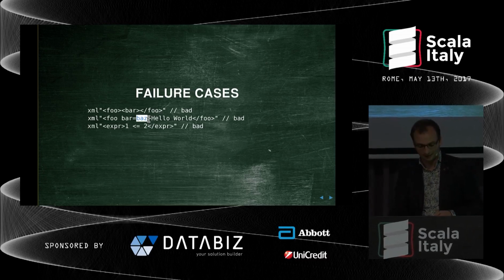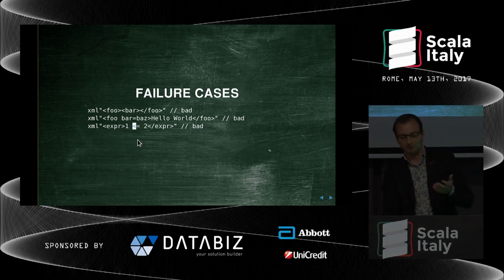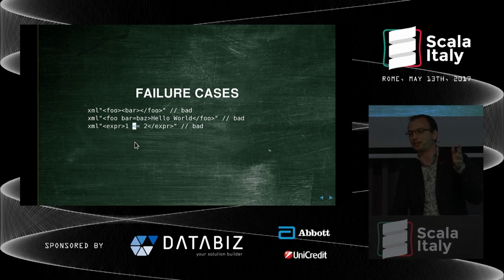It's not valid XML. And the third one, well, this looks like an expression saying 1 is less than 2, which, I mean, it's even true, but this looks like an opening bracket for a tag. So we want to reject this as well. We would want to manually change this to ampersand GT semicolon so that it's a greater than symbol rather than what looks like syntax.